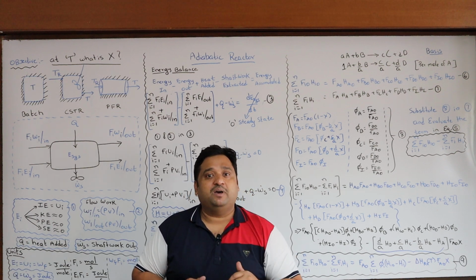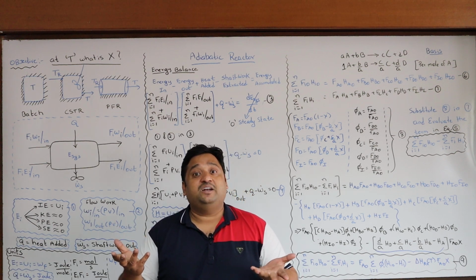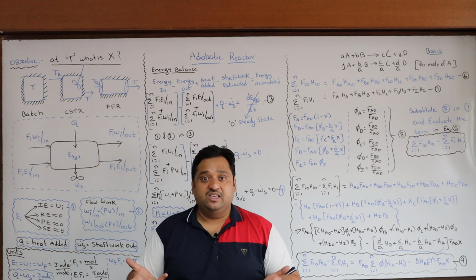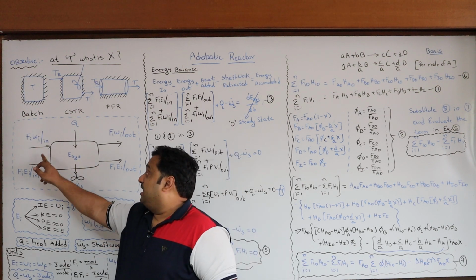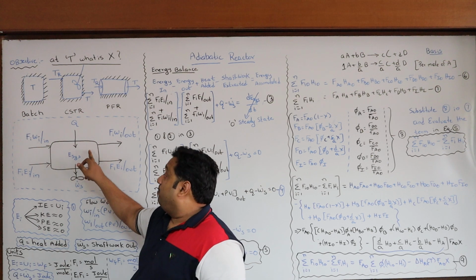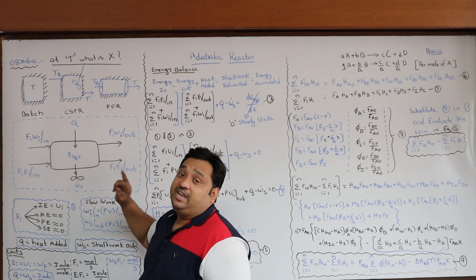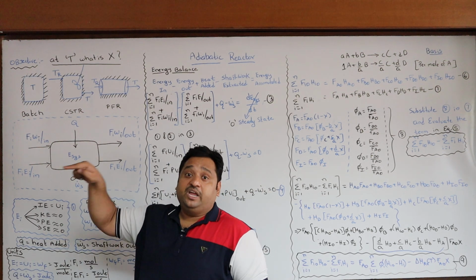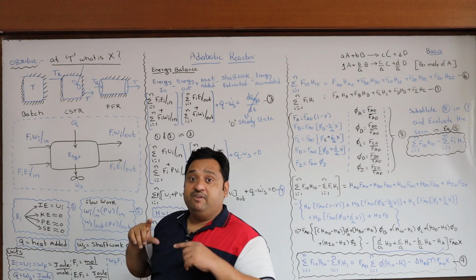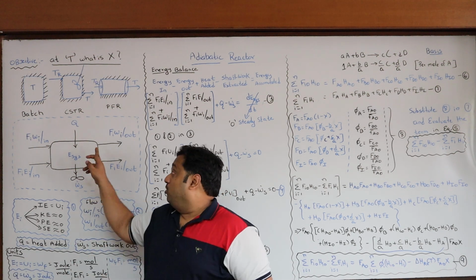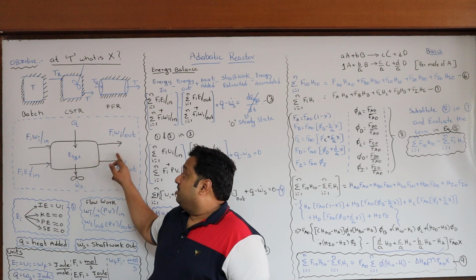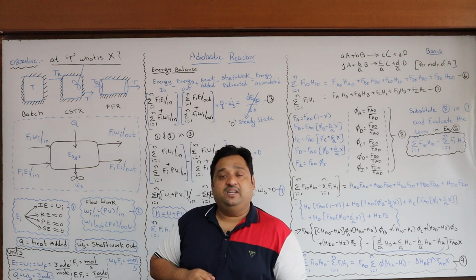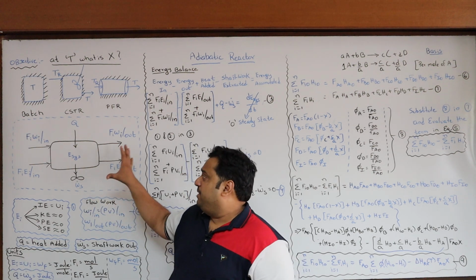For the energy balance, you should know the different kinds of energies that exist, how many energies can go into the reactor and how many can come out of the reactor. The arrows into the reactor indicate we are giving some energy, and the arrows outside mean we are extracting energy from the reactor. This is the basic plan.